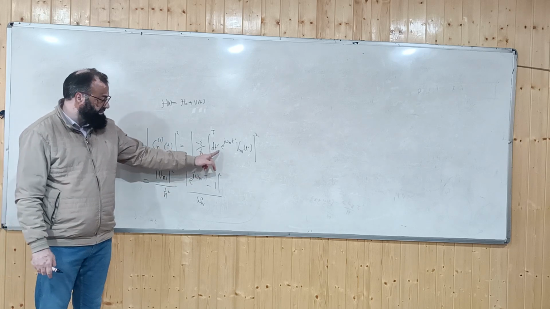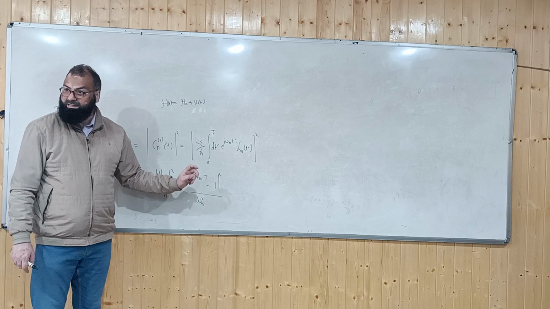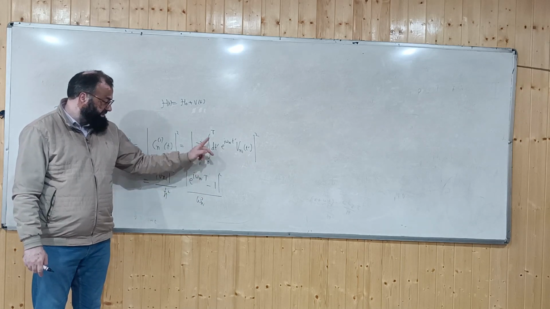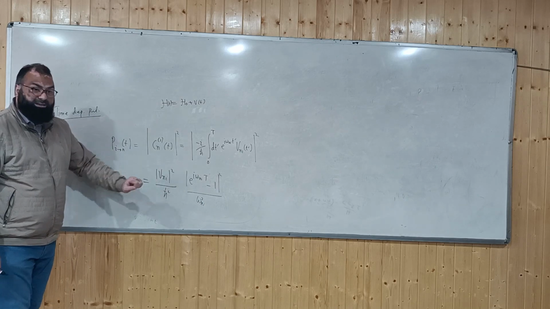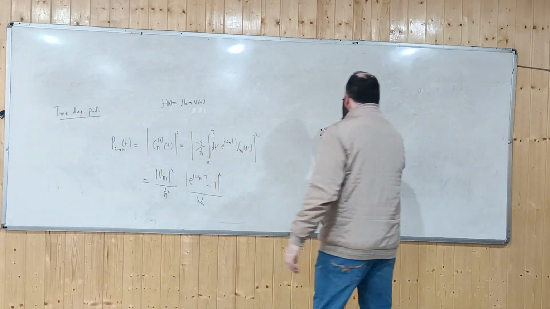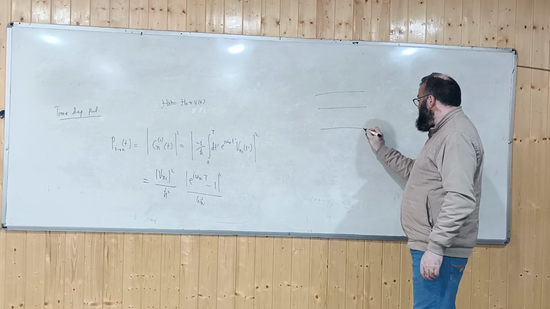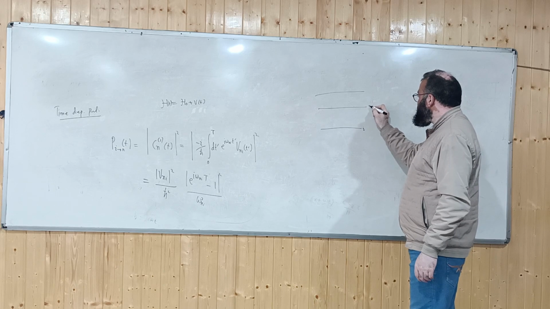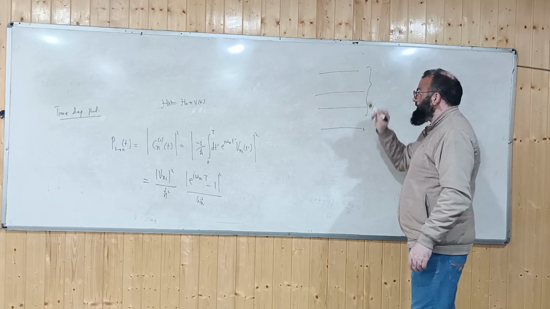So it is simply the integral of the exponent e raised to i omega t, and because there is a mod, I will go on. Since this is a constant term, let's assume the discrete states first. Suppose you have this state i, and let's say this is n. n can be anything, any of the states can be n.